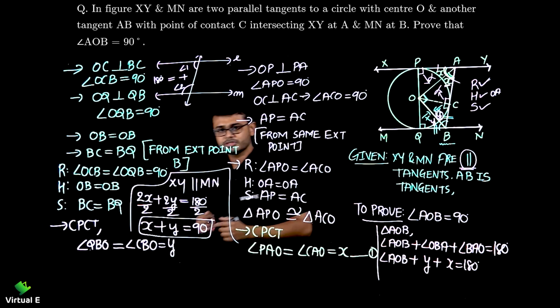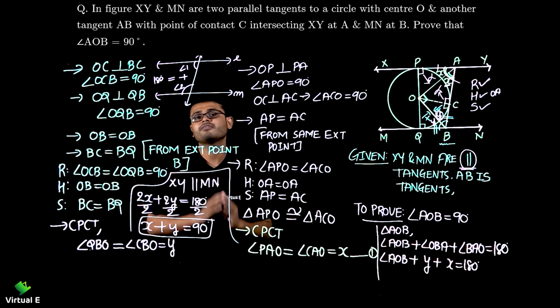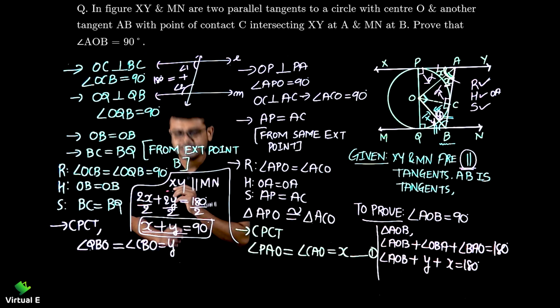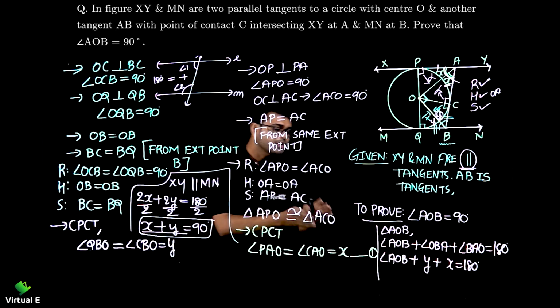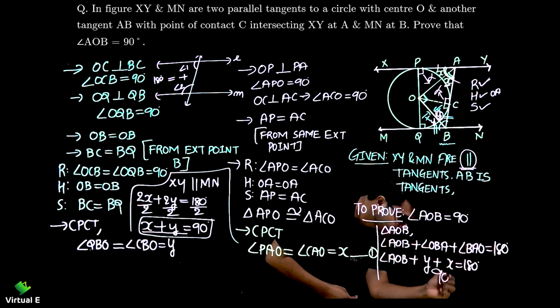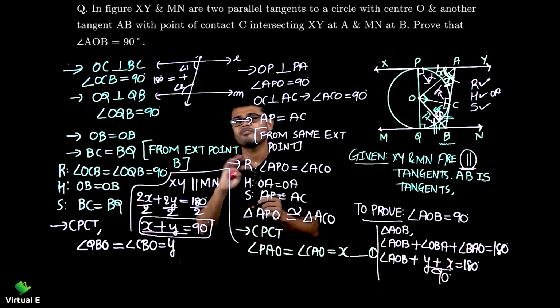Okay, now what to do? Still we have two unknowns, X and Y, but don't go for individual variable, go for the relation. Relation is what? X plus Y is equal to 90 degree. Simple. So replace them with 90 degree, then you have your answer. Here I can write directly 90 degree instead of x plus y and y plus x.